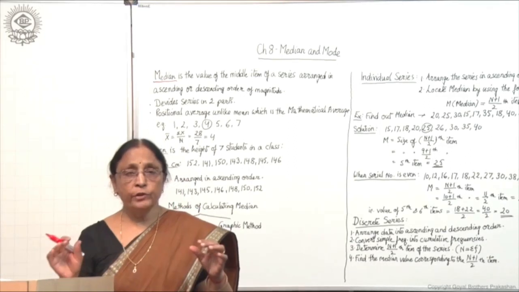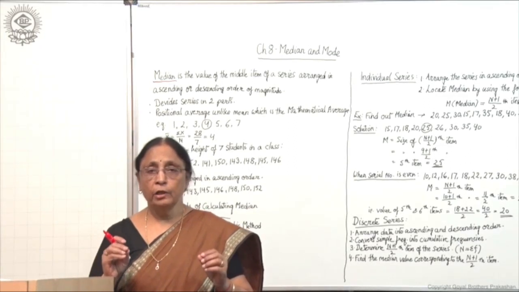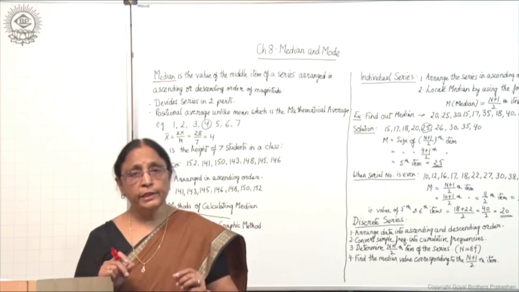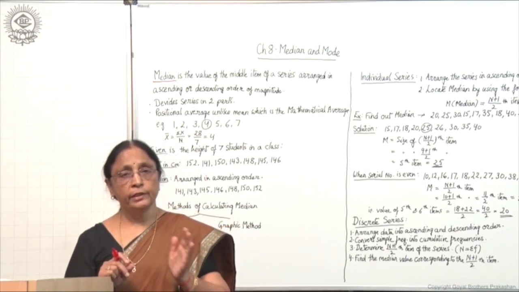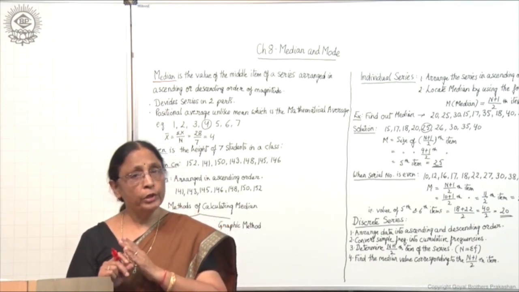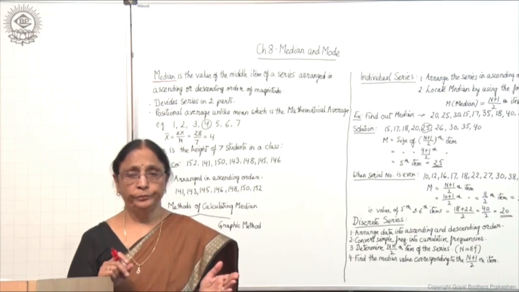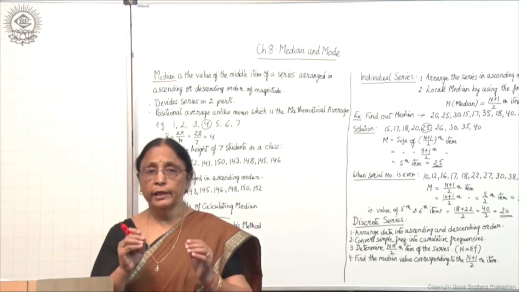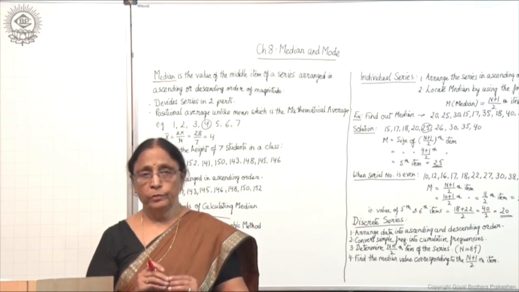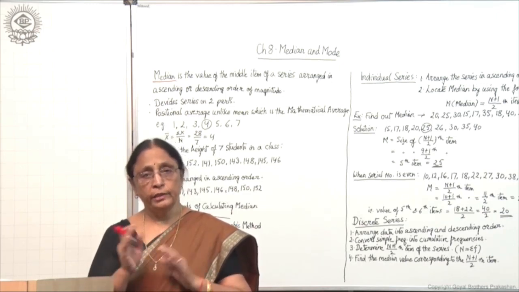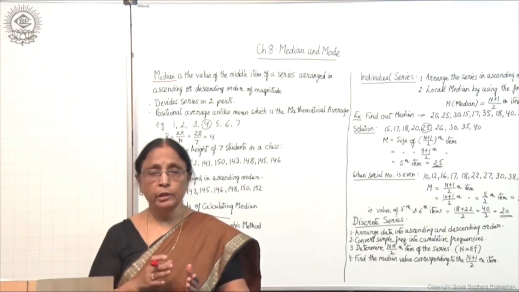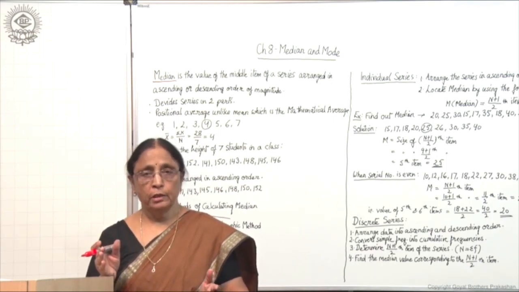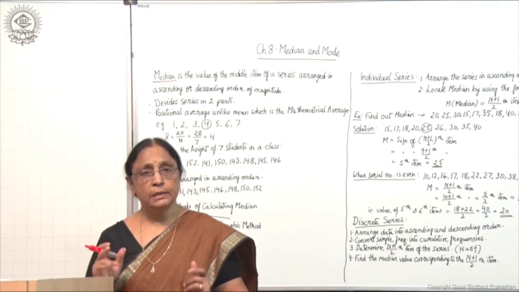When the data is given to you, it is in a raw form. Now this data has to be arranged either in ascending order or in descending order. Why? Because then only you will find the correct central value, right? So arrange either in ascending or descending order, that is your choice, but the answer will be the same.